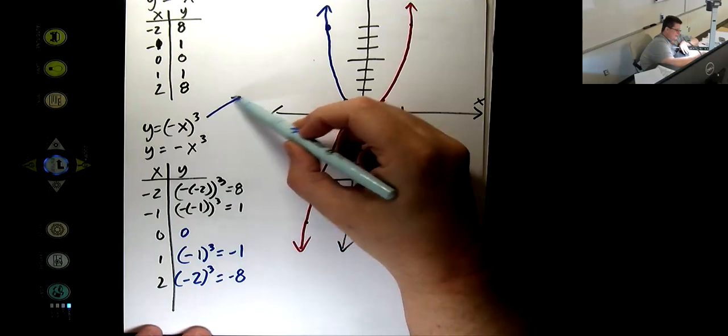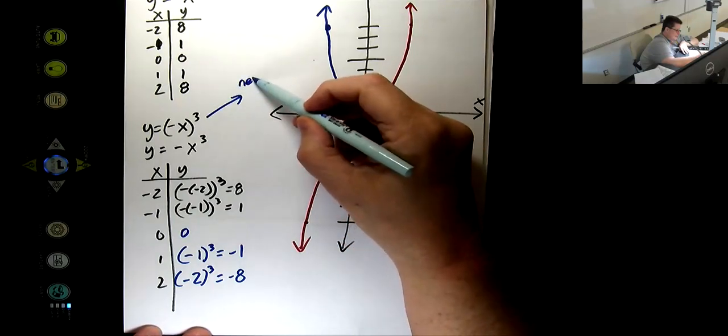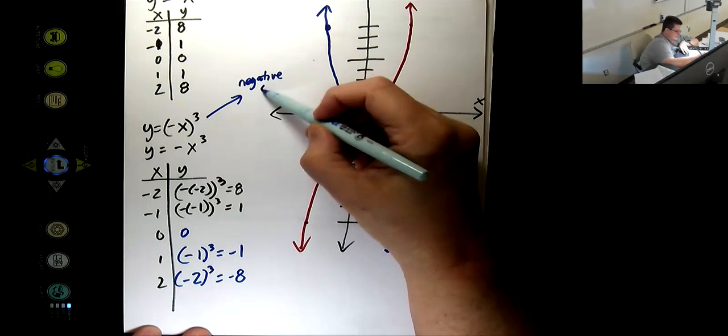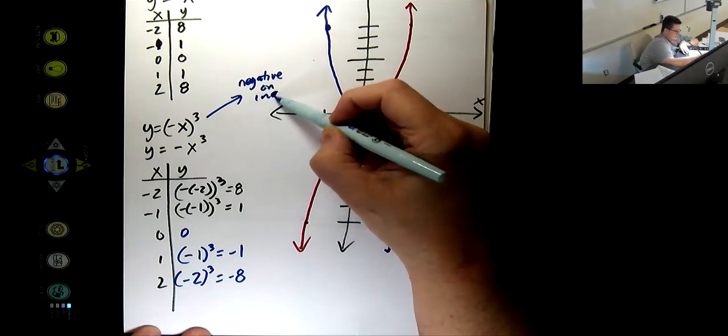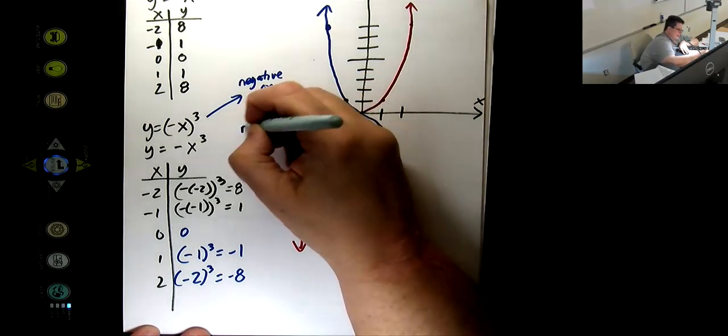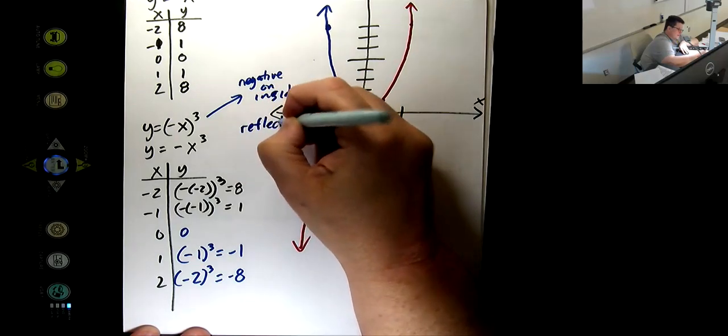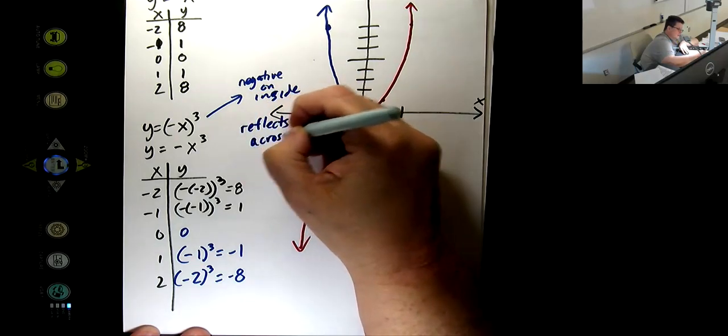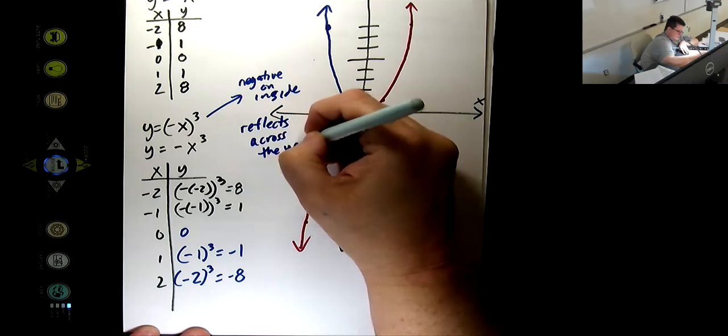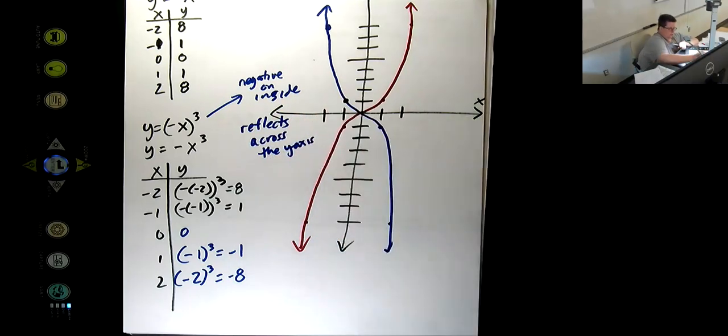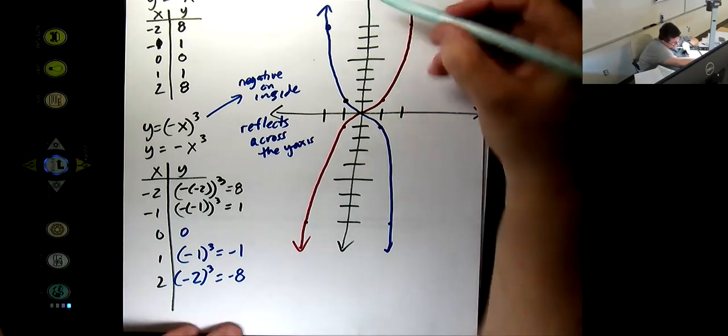When the negative's on the inside and it looks similar, it reflects across the y-axis. And our y-axis is here.